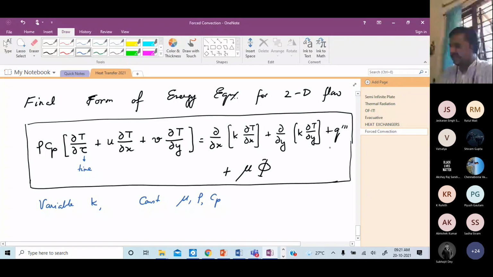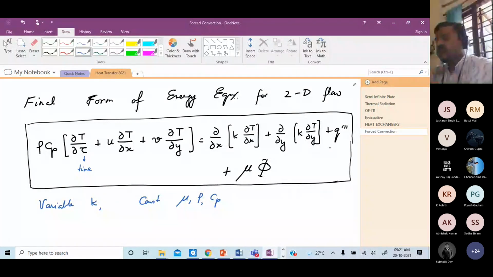So this k is now called kf because in forced convection, this energy equation that we are going to solve is for the fluid temperature. Just like in the momentum equation, we solve for the fluid velocities inside the boundary layer, here also we are going to solve for the temperature of the fluid inside the boundary layer. Q triple prime is any internal energy generation term.